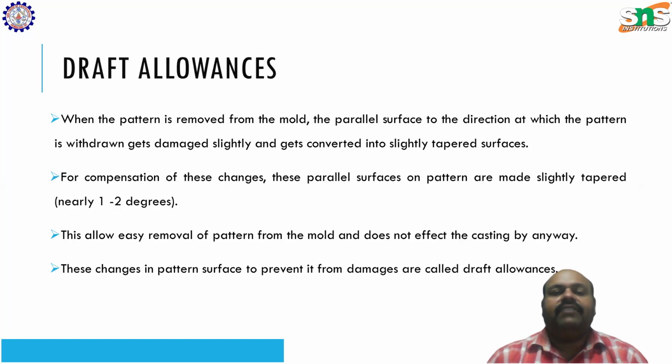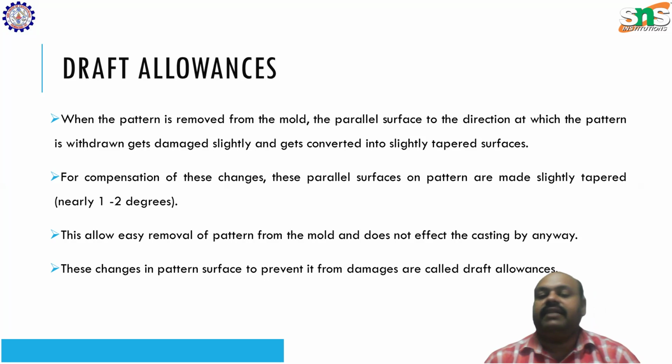Coming to the draft allowance: when the pattern is removed from the mold, the surface parallel to the direction in which the pattern is withdrawn gets damaged slightly and gets converted into a slightly tapered surface. To compensate for these changes, these parallel surfaces of the pattern are made slightly tapered, nearly 1 to 2 degrees. This allows easy removal of the pattern from the mold and does not affect the casting in any way.